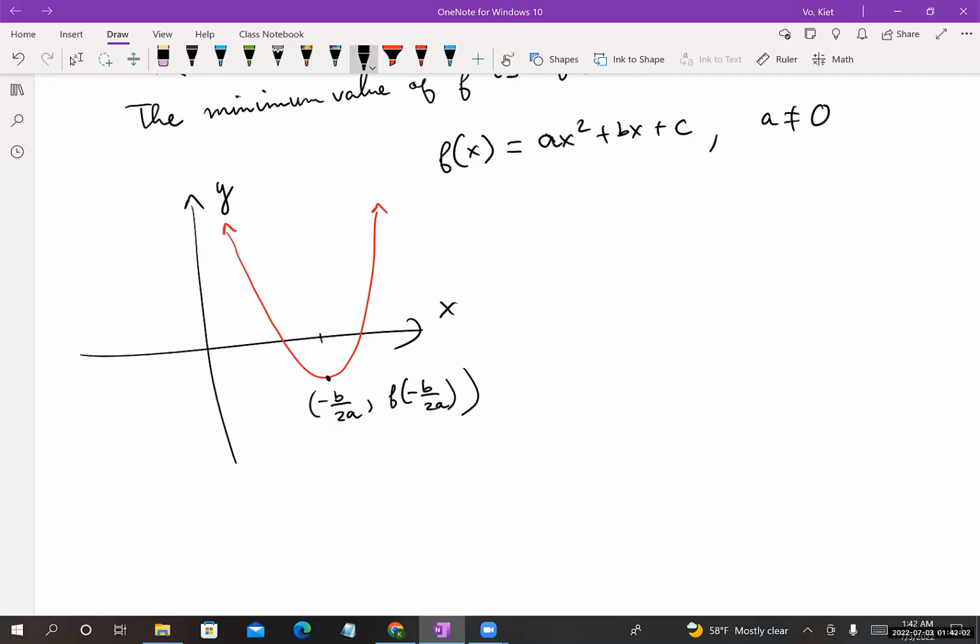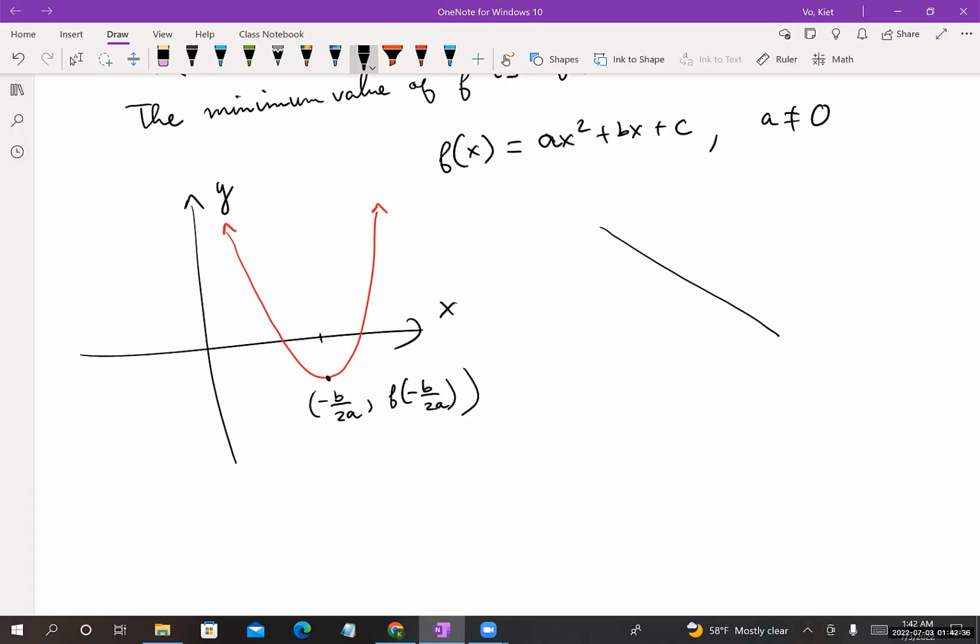So the behavior of this quadratic function is that from negative infinity to negative b over 2a, the function has this shape. So it's going down. As the x value gets larger, the y value gets smaller on that interval from negative infinity to negative b over 2a.